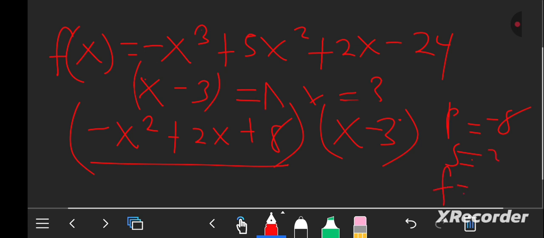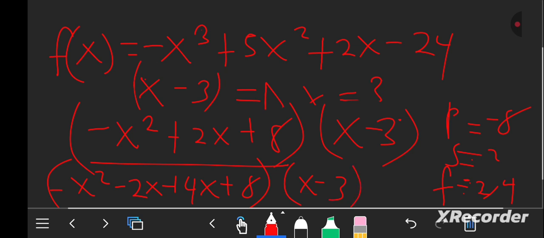The two numbers, when you add them, they'll give you positive 2. When you multiply them, they'll give you negative 8. That should be negative 2 and 4, right? Negative 2 and 4. So let's now substitute. So it will be negative x squared minus 2x plus 4x plus 8. So I'm factorizing this, and also x minus 3.